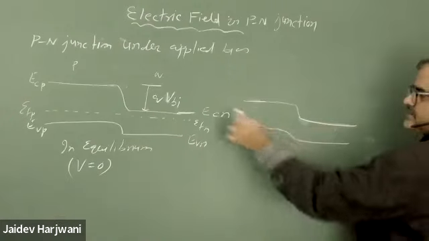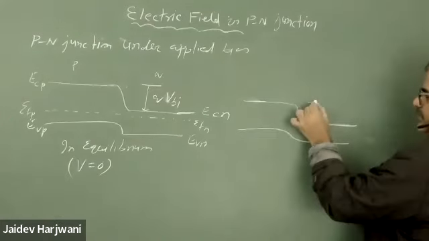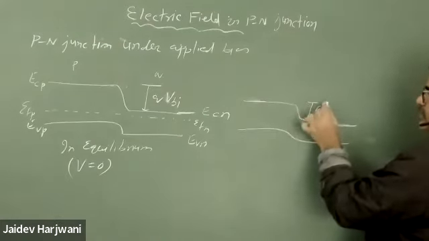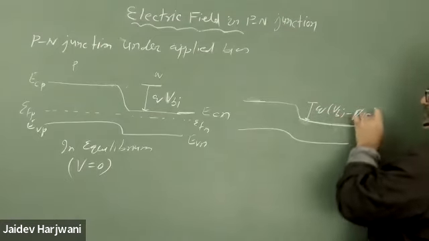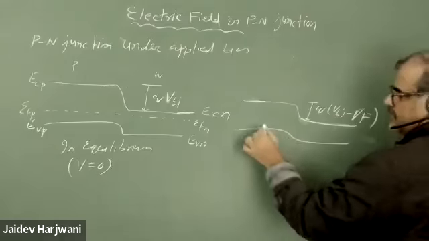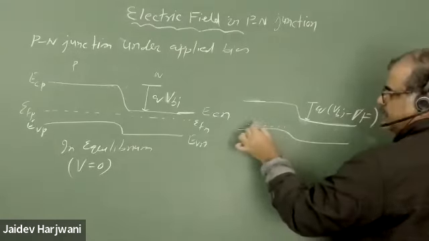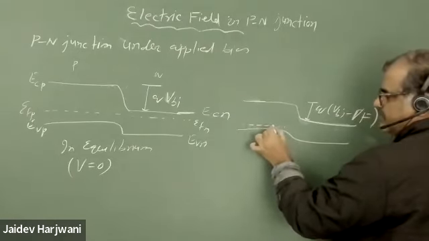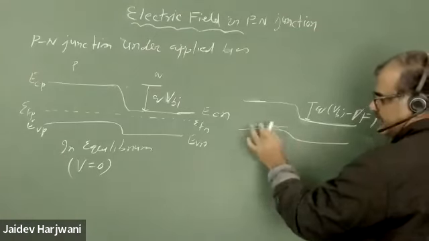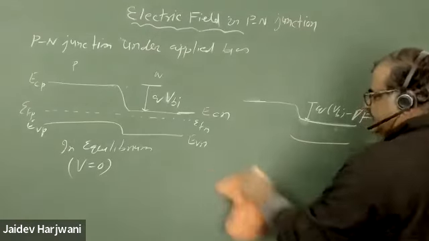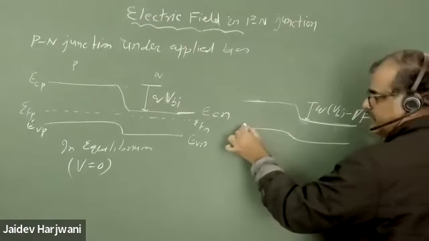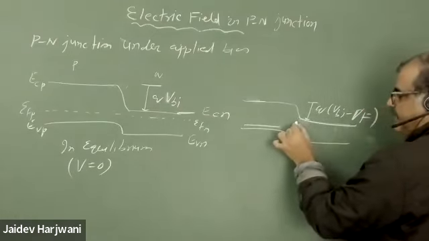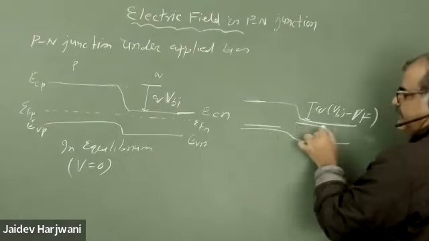This width will decrease, now the height will decrease, and the new height will be QVBI minus VF, whatever potential you're applying. And now the Fermi level also will shift, because when you're applying voltage, then current will flow, and in order for current to flow, there should be a gap between Fermi levels. Okay, if there's a gap between Fermi levels, then only your current will flow.